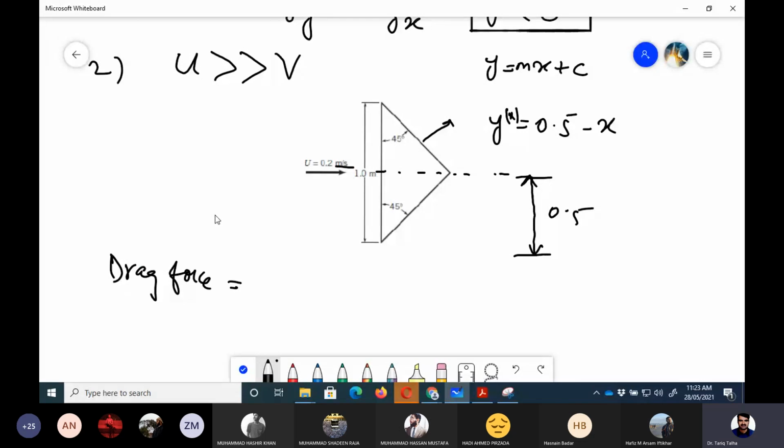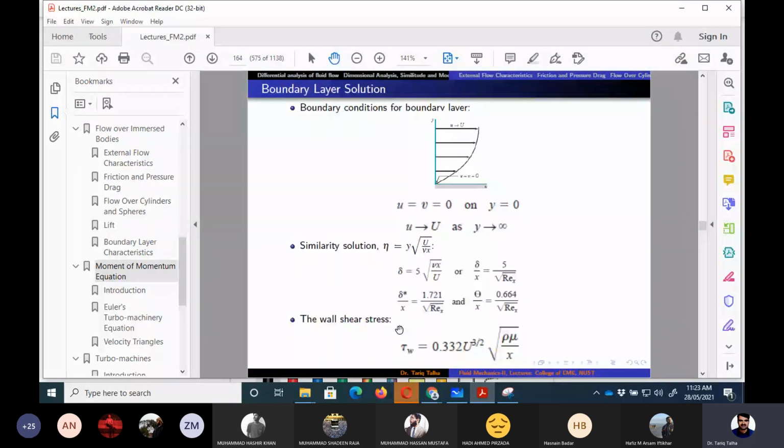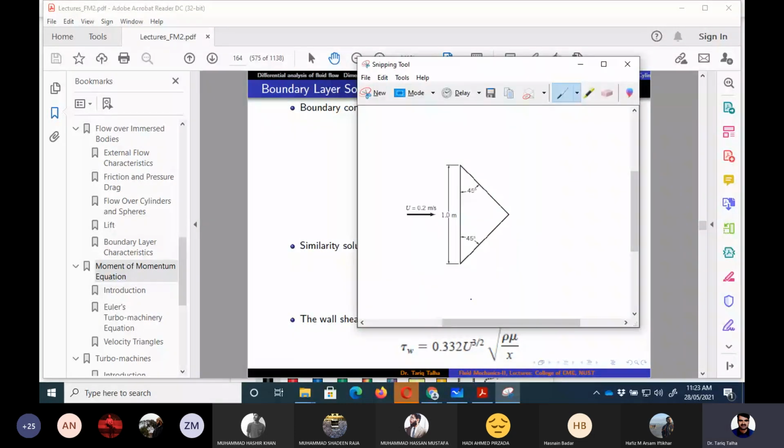For the calculation of drag force, we need to calculate tau omega into this area, which is the area of this plate, right? Now, how can we calculate tau omega for this flat plate? Because this is a boundary layer flow, we are going to use this relation, which I am going to copy here.